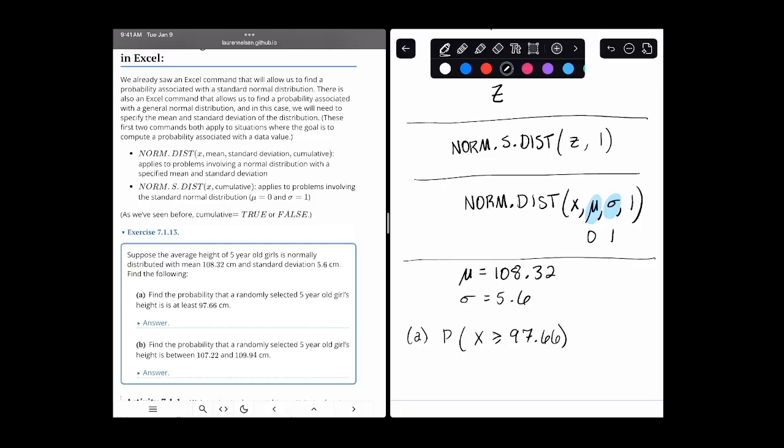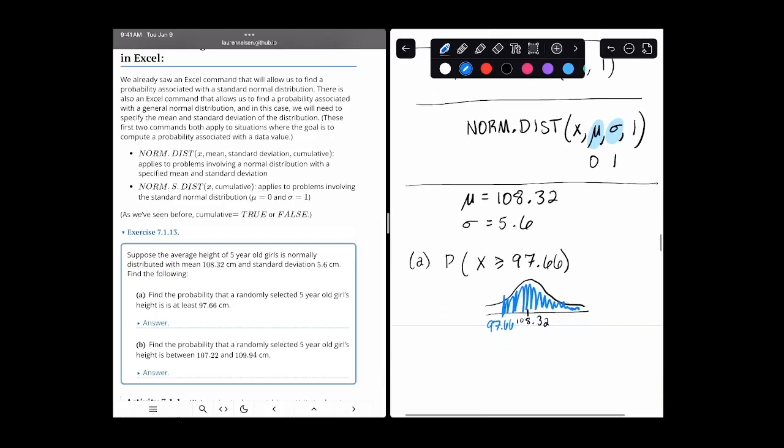So if I draw my curve, my mean is the number in the middle, which is 108.32, and 97.66 is a bit to the left, and I want the probability that I get at least that value, which means I'm looking at the area to the right of 97.66.